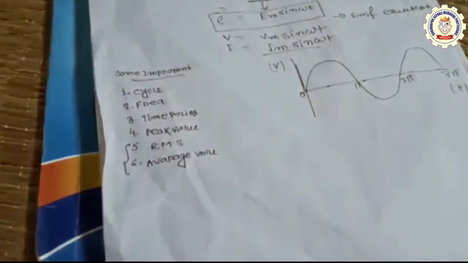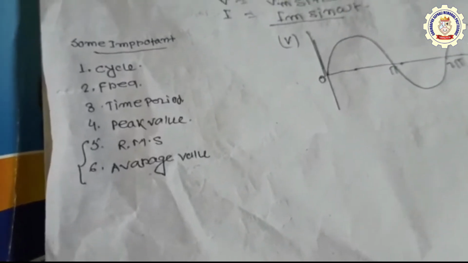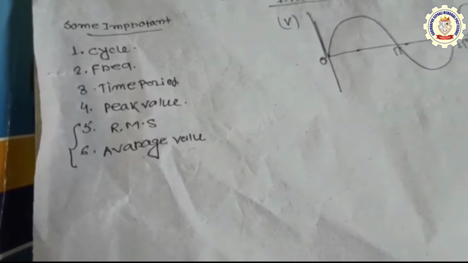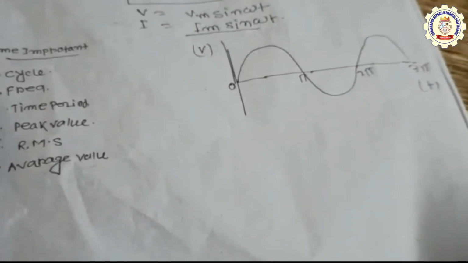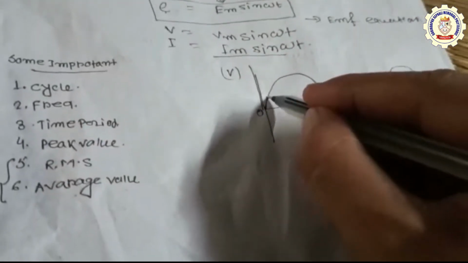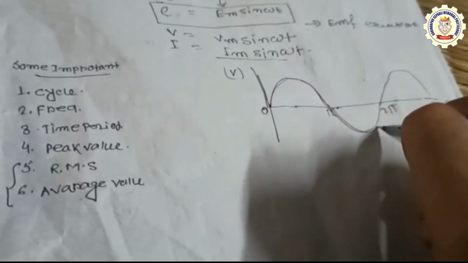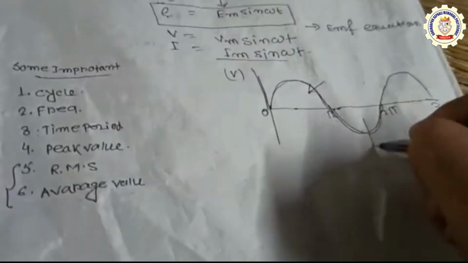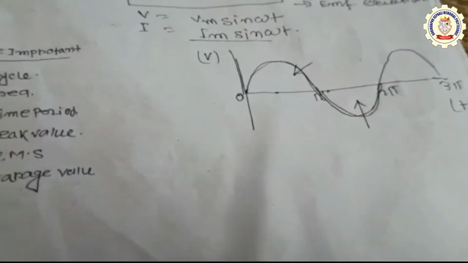Okay, so at first, what is cycle? Cycle is nothing but one complete set of positive and negative value of alternating quantity. मतलब ये जो पॉजिटिव पीक है एंड ये जो नेगेटिव पीक है, वन कंप्लीट सेट ऑफ ये पॉजिटिव पीक और ये नेगेटिव पीक को एक साथ हम लोग बोलेंगे साइकिल.